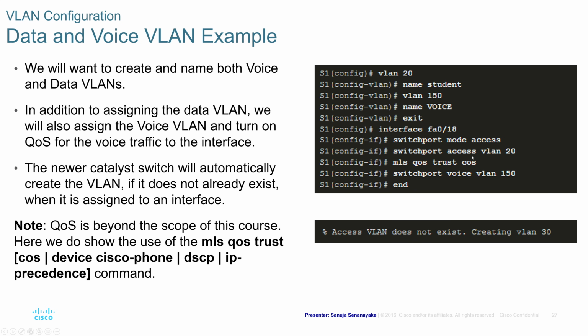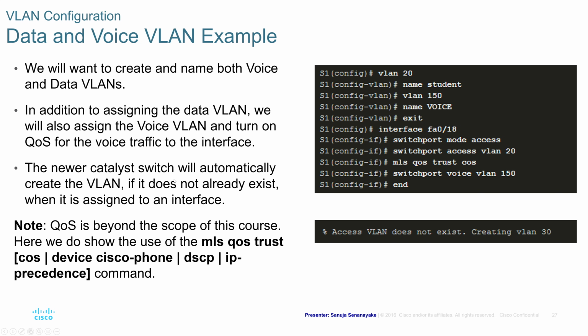And once you are under the configuration for that interface, we're going to assign VLAN 20, which is the VLAN that is used for data, as an access port with the mls qos trust command, and with switchport voice VLAN 150 associated with the VoIP data. So we have the data in here and VoIP data in here, but they are both associated with FA0/18.